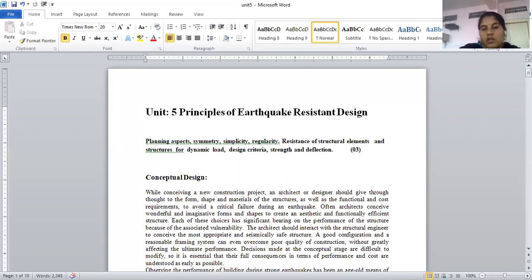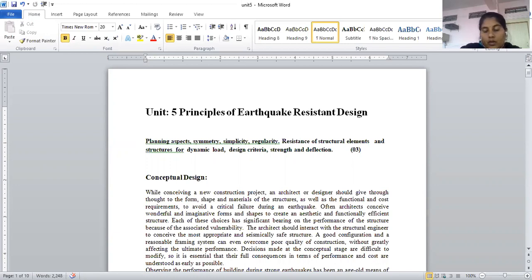Different dynamic forces are coming on the structure. At that time, our structure, our building, should resist whatever dynamic forces are coming on it.